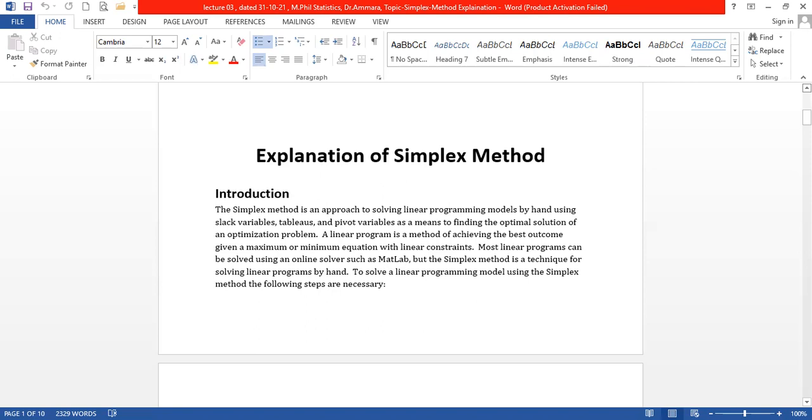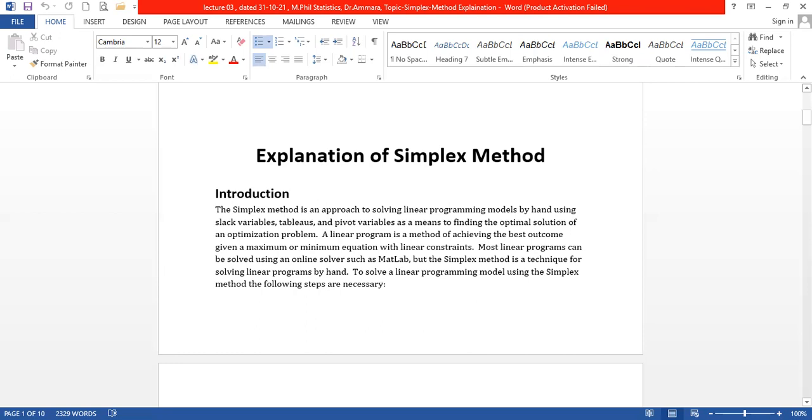And at last, we will reach a solution where Zj minus Cj have no negative value. Then we say that we have reached the optimal solution, and then we find the maximum of our objective function, and that will be the optimal solution.